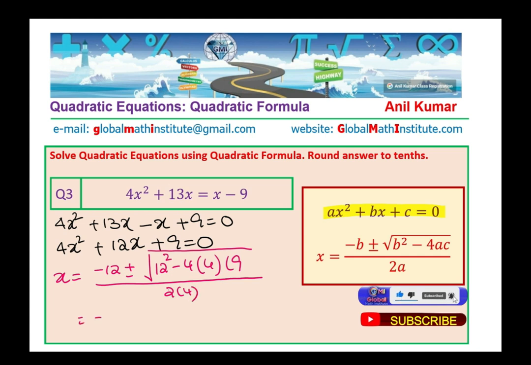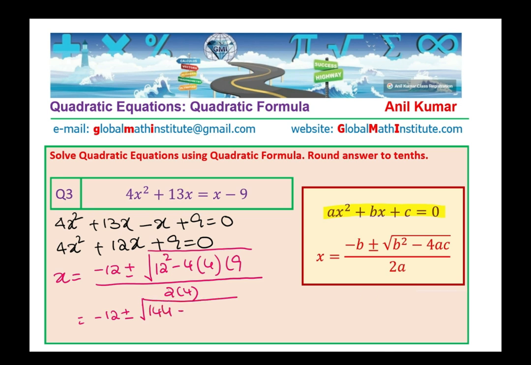So that gives you minus 12 plus or minus square root of 12 squared is 144, correct? Minus 4ac, right? So 4 times 4 is 16, and 16 times 9 is also 144.